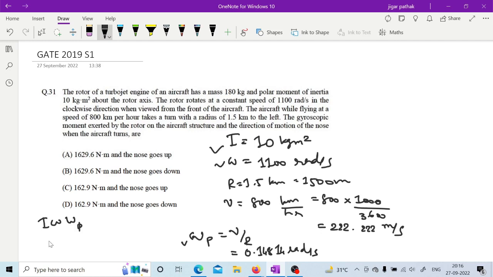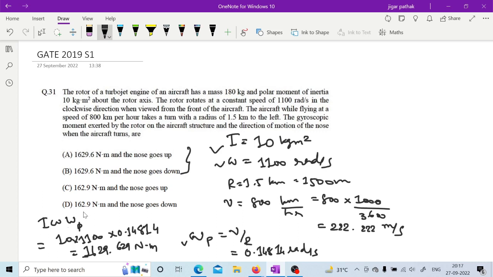So when you put all these values, your gyroscopic couple will be 1629, 0.629 Newton meter, correct? So it will be one of these two, either this or this.